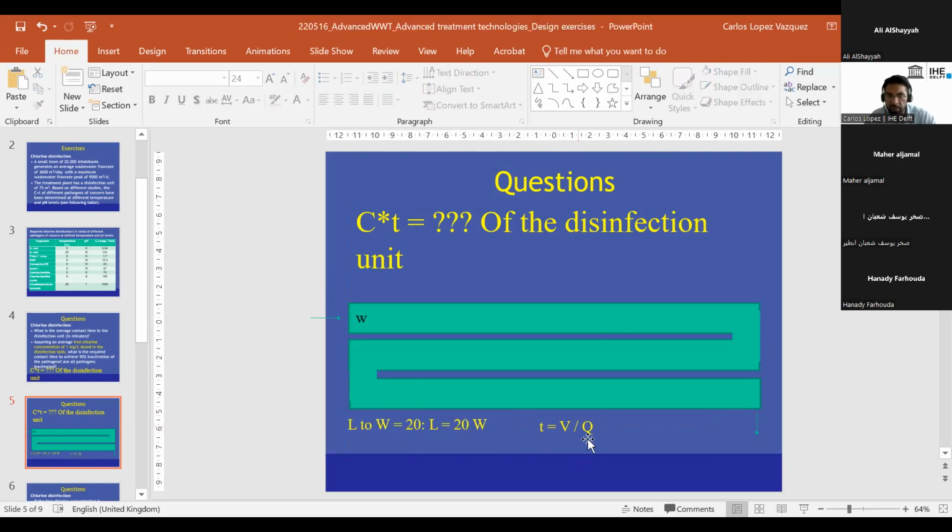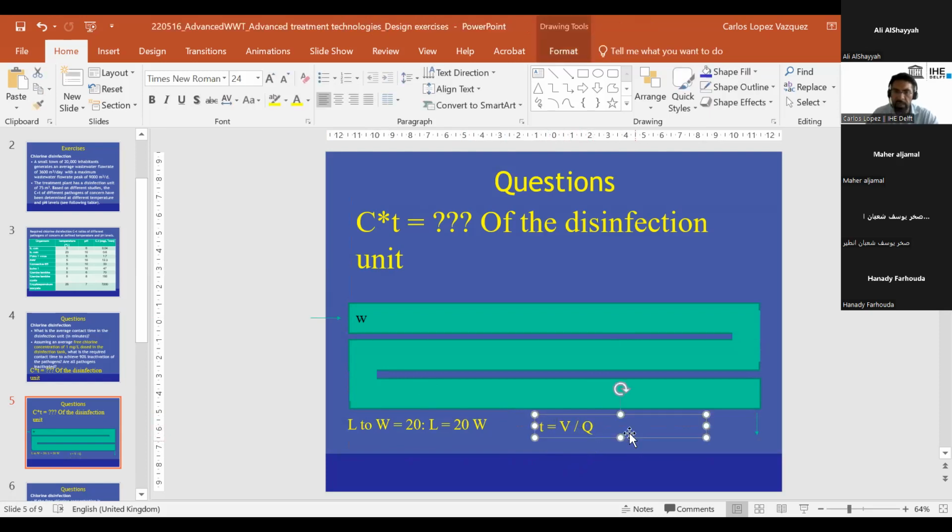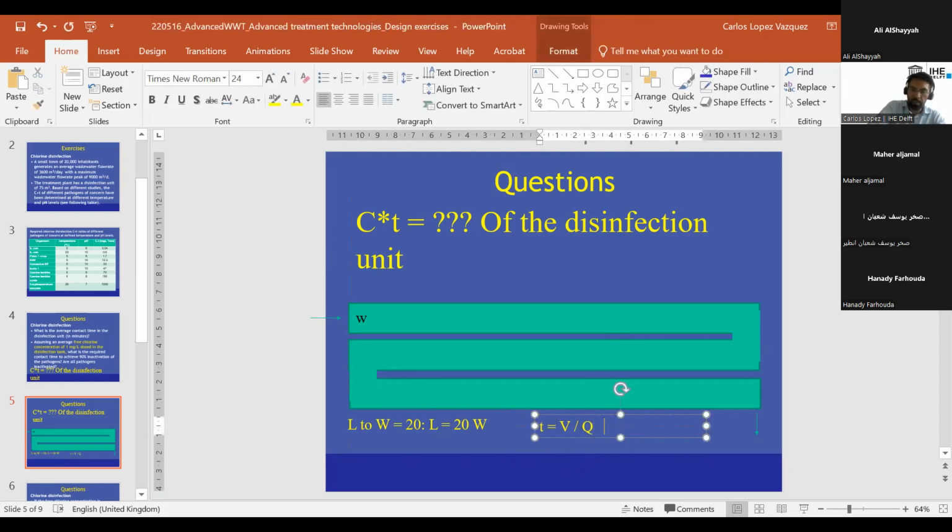This will be equal to the contact time. This will be the contact time.